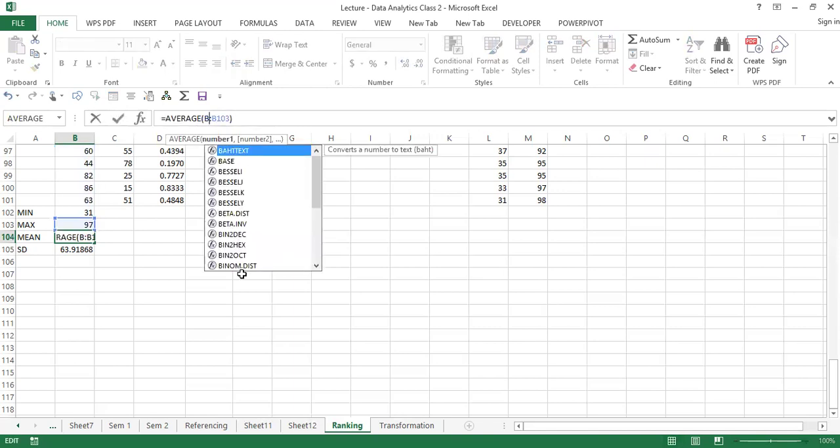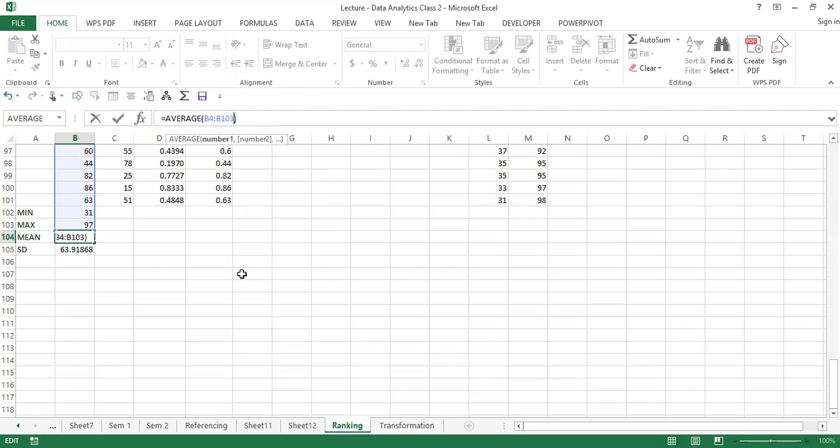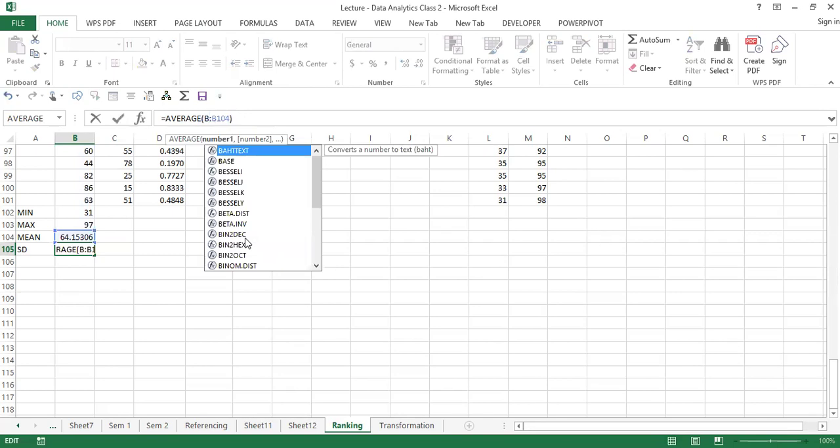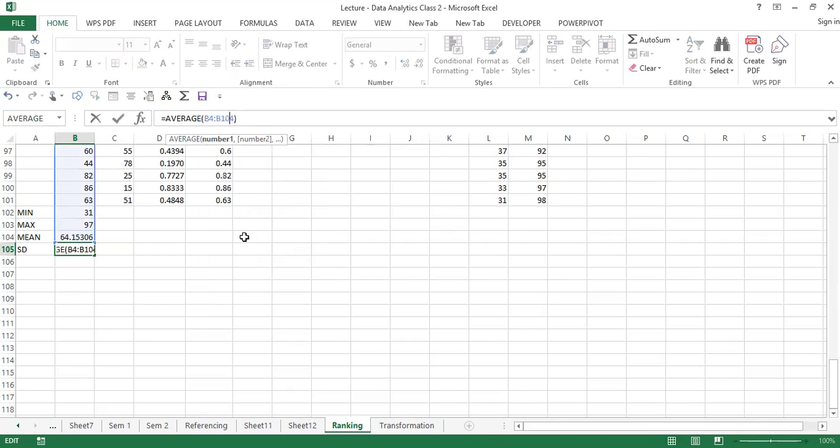This is what happens when you are using relative reference. It just keeps changing the figures for you. Okay, so now we have our standard deviation.